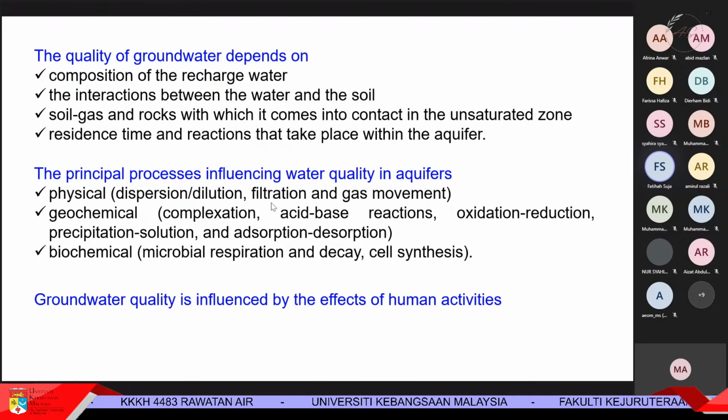So groundwater quality is also influenced by the effect of human activities.